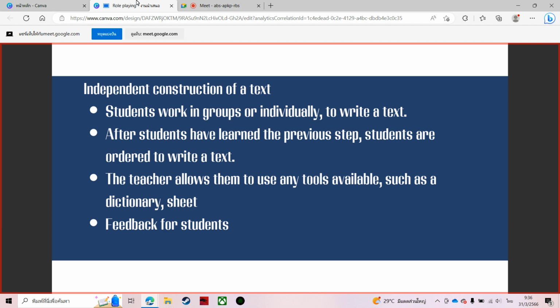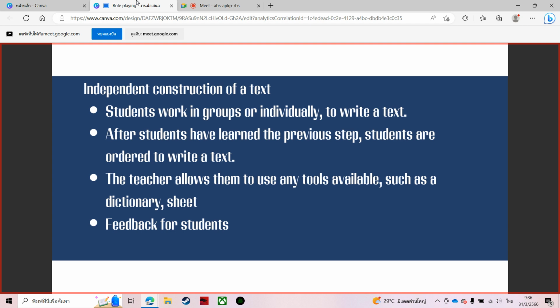It's a different benefit actually. And after students have learned the previous steps, then you order them to write a text. You need to give them a text that is interesting to them, or let them choose independently. It depends on you also. You want to prohibit them or, what can I say, feel free about the text.